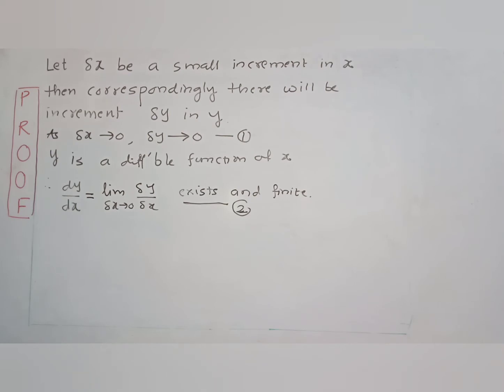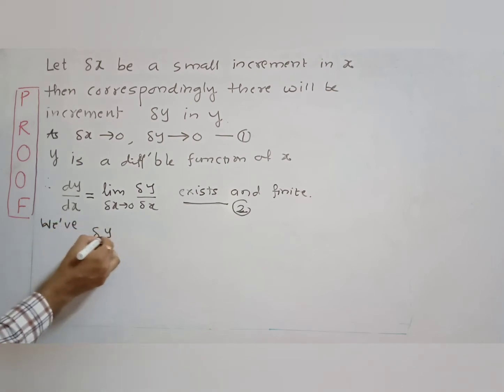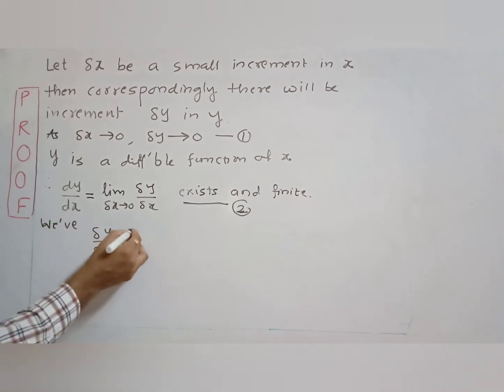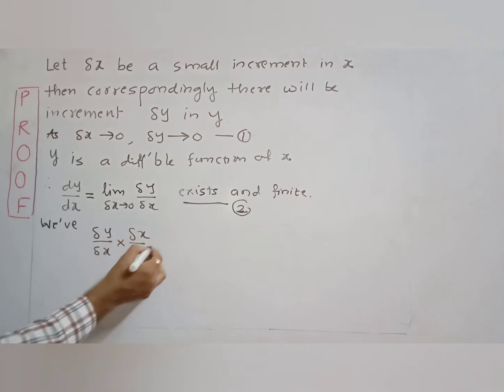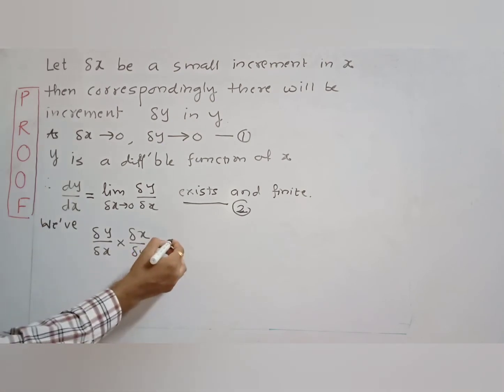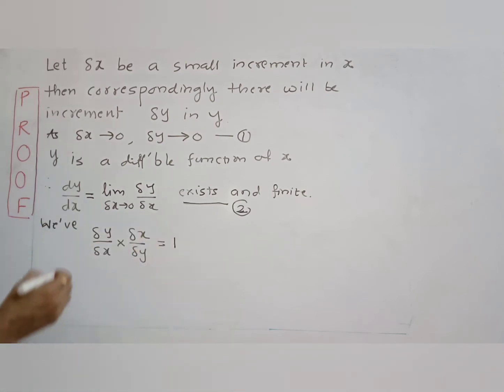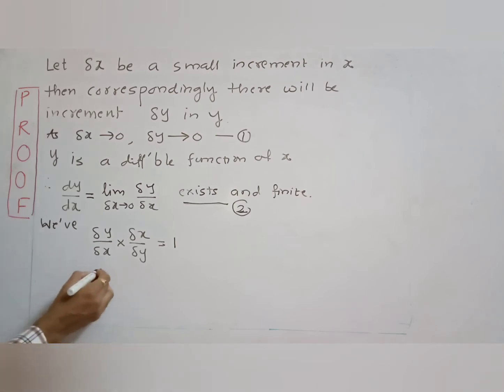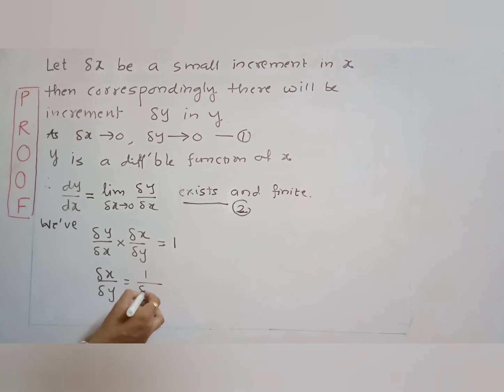Now we shall use one simple step. We know that we have delta y by delta x into delta x by delta y. What is this product equal to? Delta y by delta x into delta x by delta y is easily written as 1. I can even write that as delta x by delta y is 1 upon delta y by delta x, taking delta y by delta x on the other side.